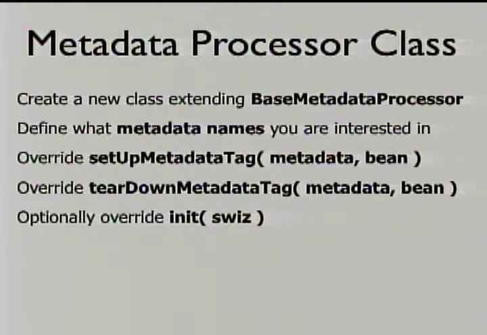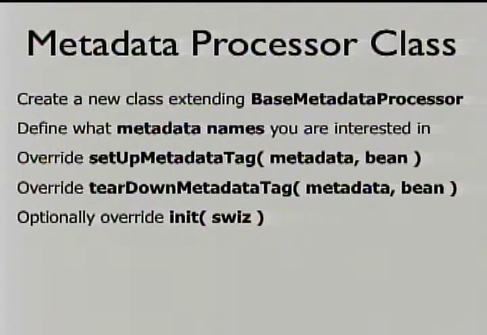The next is you would define the metadata names you're interested in. So in your constructor, you just pass an array to the base metadata processor's constructor, just giving it the names that you need. It's an array just in case you want to process multiple metadatas with the same processor.